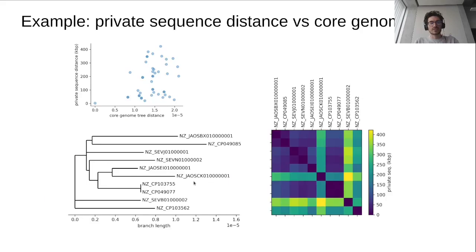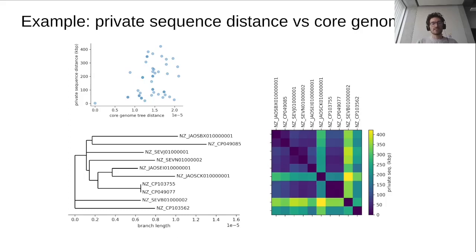In a second part of the tutorial, we will build a graph for a subset of 10 isolates, and then look at the amount of sequence that is private to one of the isolates in pairwise comparisons.